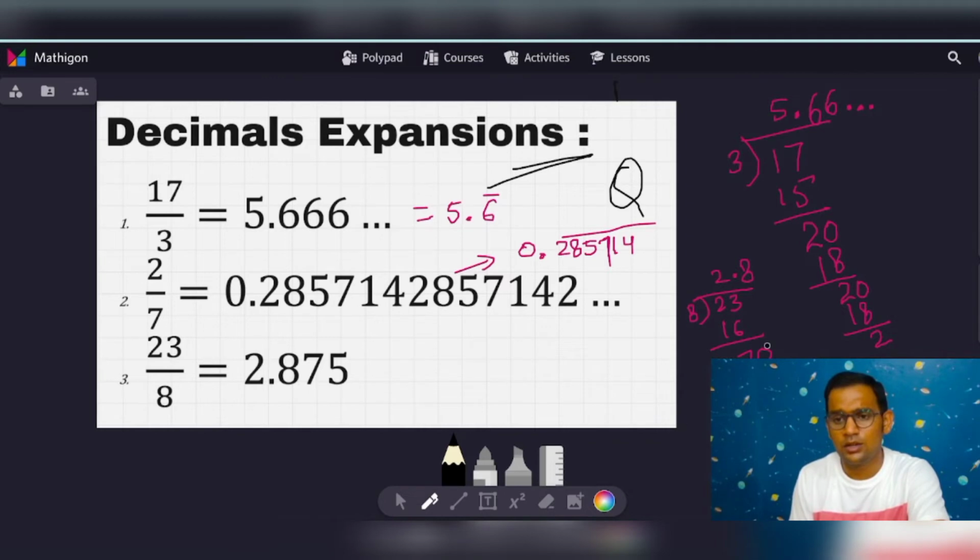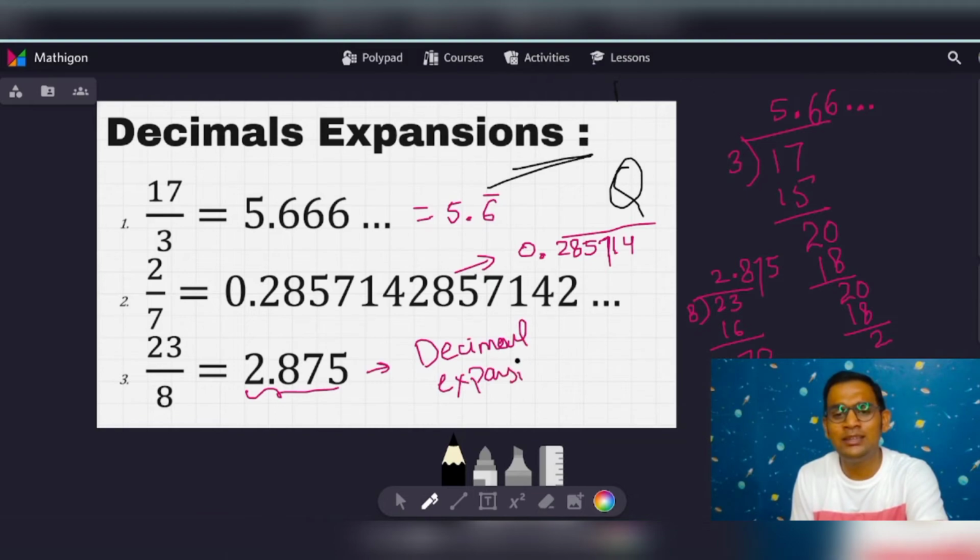Then 60, so 8 sevens are 56, and we get 4 as remainder. 8 fives are 40, and that's how we get a 0 remainder, and we get 2.875. Here, the decimal expansion ends. And that is a very, very important conclusion.